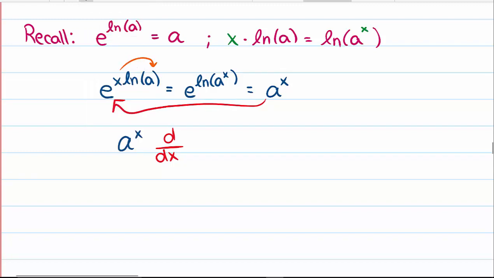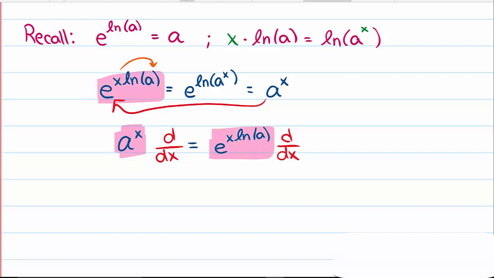So I'm going to rewrite this as e to the x ln of a, and then take the derivative of it. So again, a to the x power is this right here. They're absolutely equivalent.